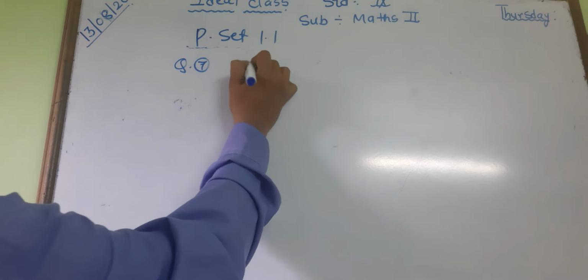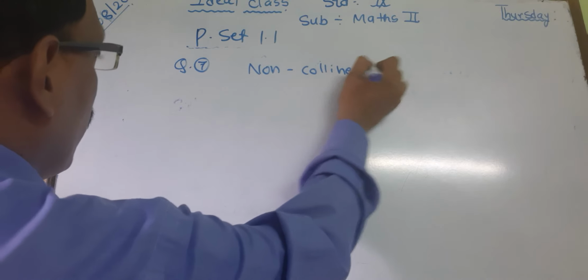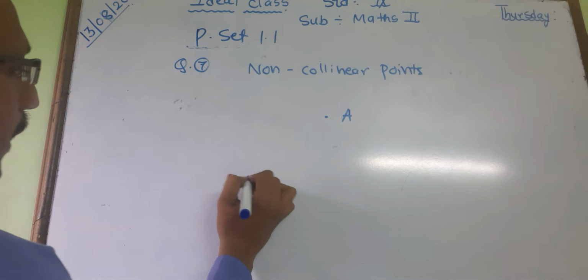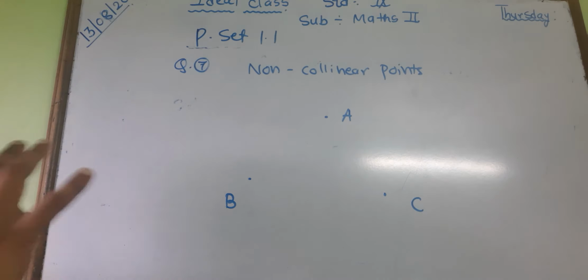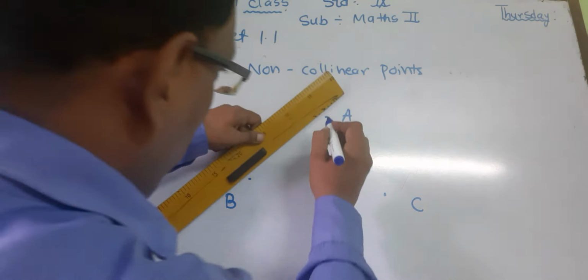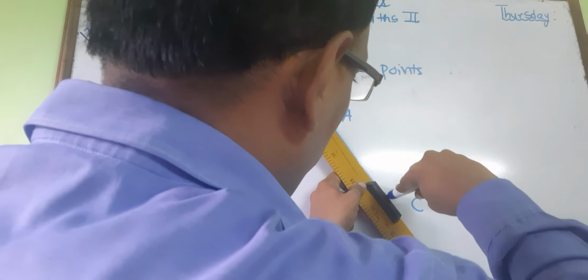First of all, non-collinear points. Students, let me take 3 non-collinear points. One is A, second one is B, third one is C. Now if I join all the 3 points, what will I get? So let us join. See, this is the first, second and third.